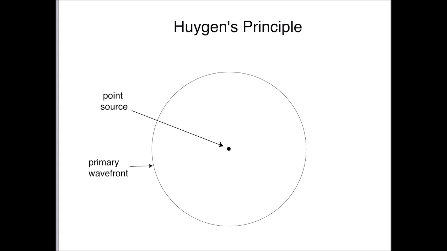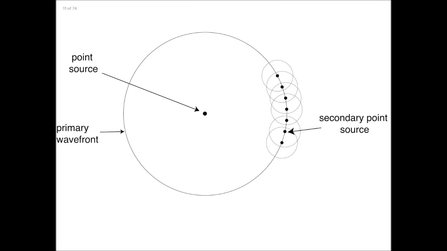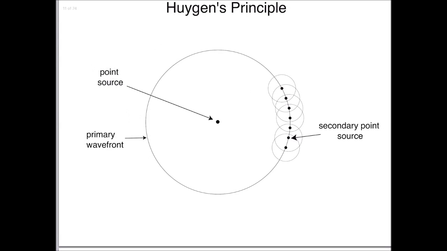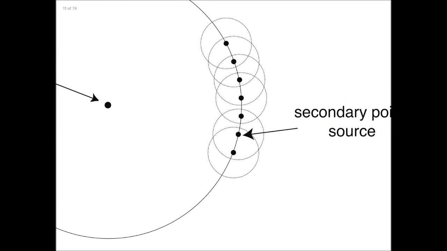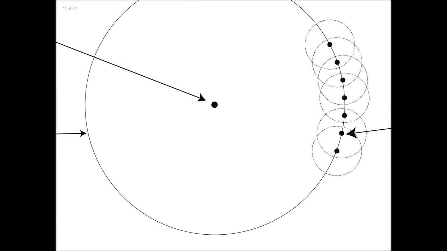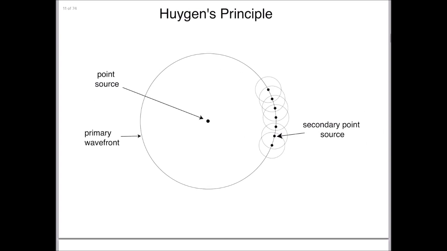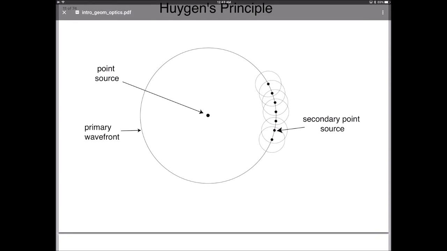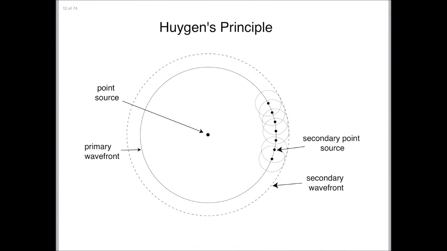Huygens Principle states that on the primary wavefront, every point is a secondary point source, exactly similar to the first point source which gave rise to the primary wavefront in the first place. And each of these secondary point sources gives rise to a small secondary wavefront. So now imagine you have such point sources across this bigger circle, and if you trace out another circle tangent to the smaller circumferences, you would have another bigger circle, and that is your secondary wavefront.